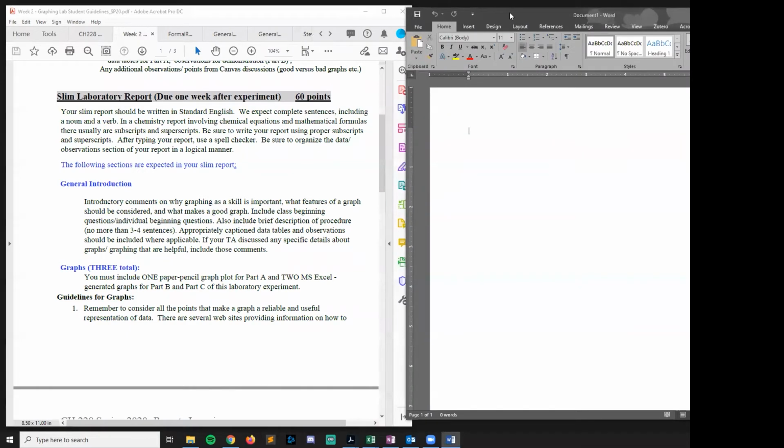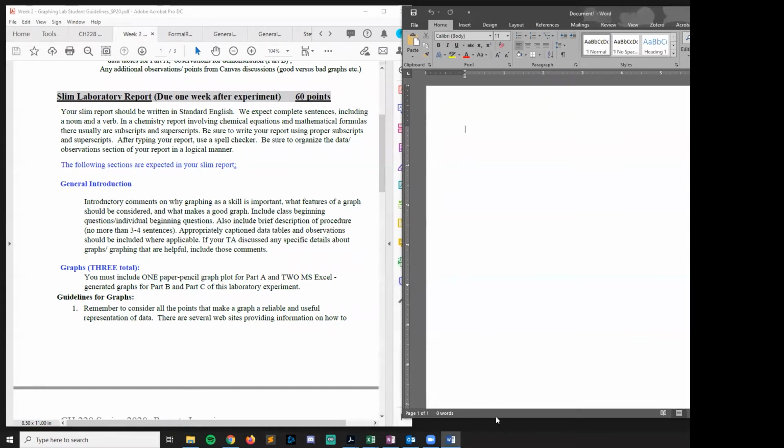There are some other things that I'm going to be putting up on the screen in addition to this document here, right? So you're going to have your name, of course, and your section and all of the typical things that you have there. And then you're going to have a header just like you normally do. We'll call this one Slim Lab Report.